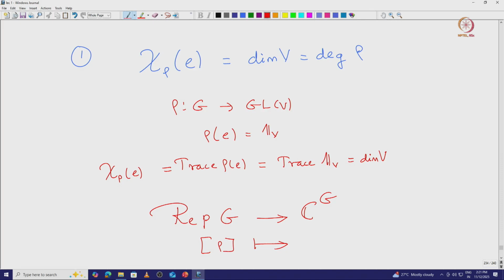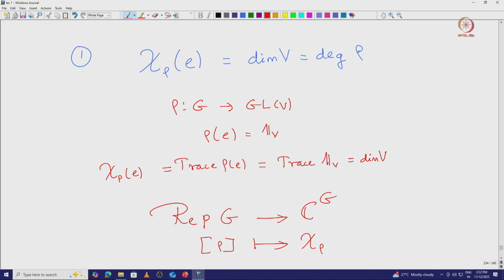satisfies the following property. If we take the equivalence class of a representation, that is, up to the equivalence relation, that is, up to isomorphism, then we can easily see that this entire class is going to have the same character.